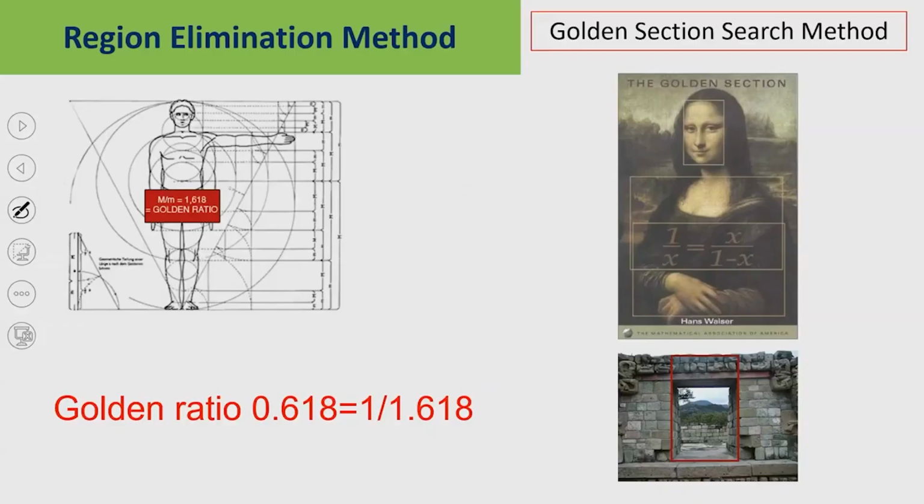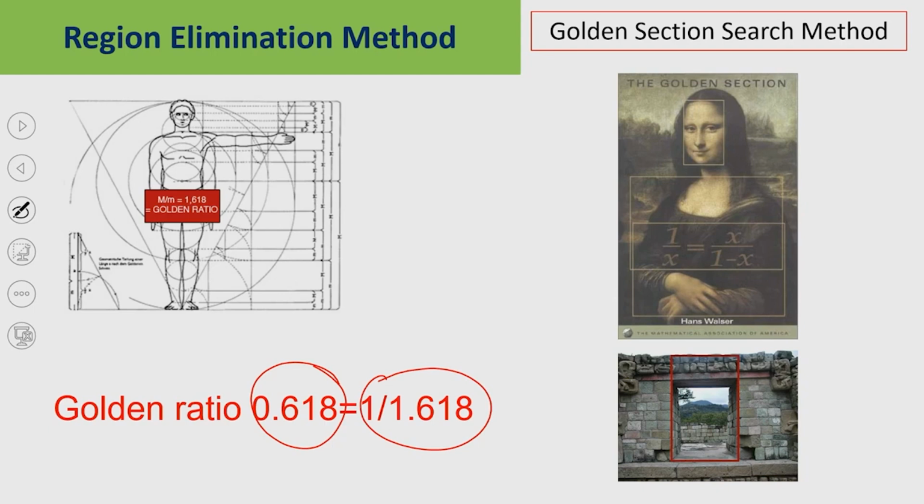Now, let us discuss another method, and this method is the golden section search method. There is a golden number, or we can say golden ratio, that is 0.618, or 1 by 1.618. If we look at nature, you can see that this ratio is somehow maintained.